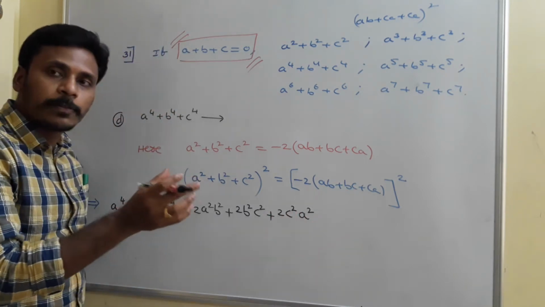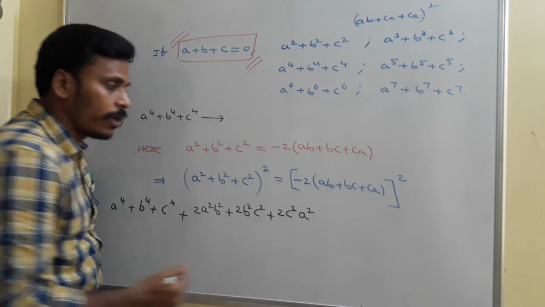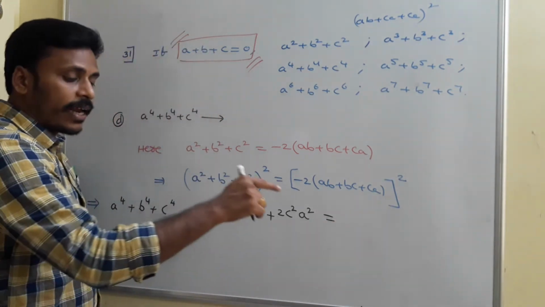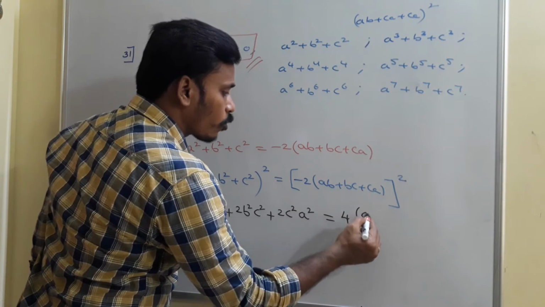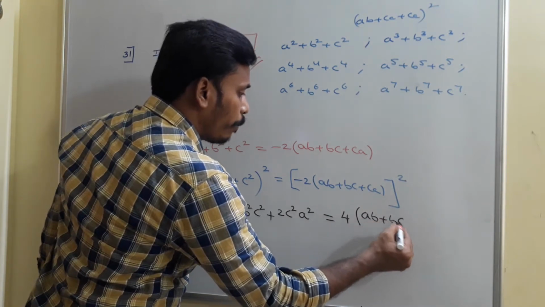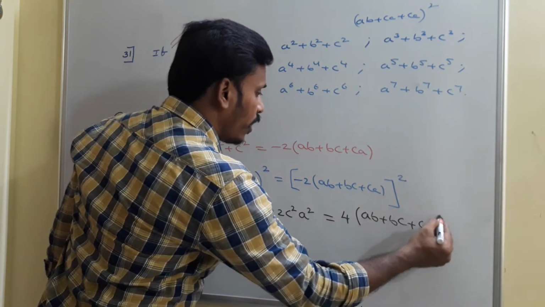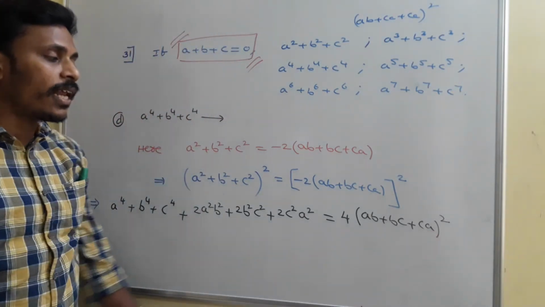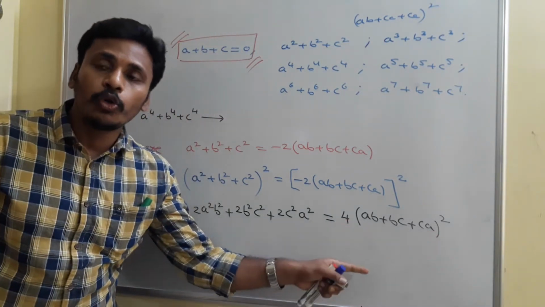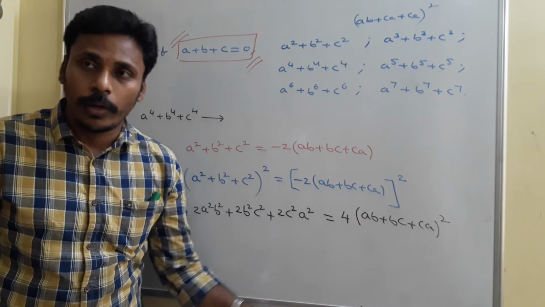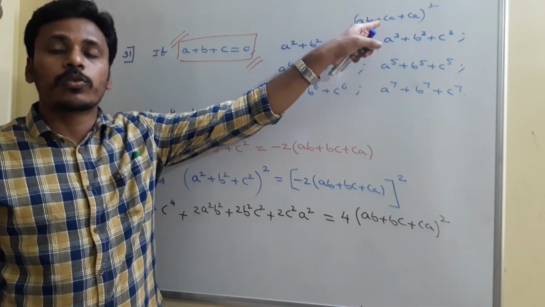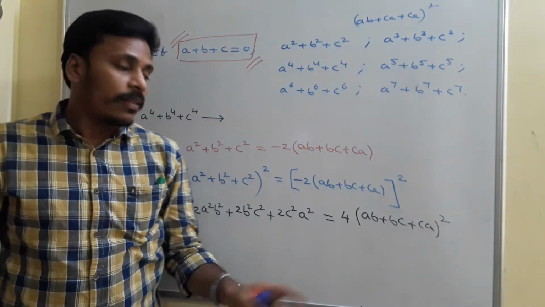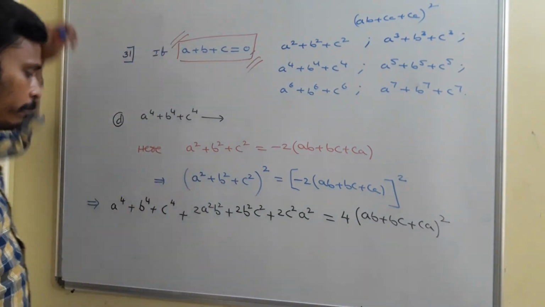Just the rule of x plus y plus z whole square on the left side. This is equal to, on the right-hand side, minus 2 square is 4 times of ab plus bc plus ca whole square. Actually here again there is a need to use x plus y plus z whole square, but in the second part, ab plus bc plus ca whole square, we already found it. That I will directly use here.